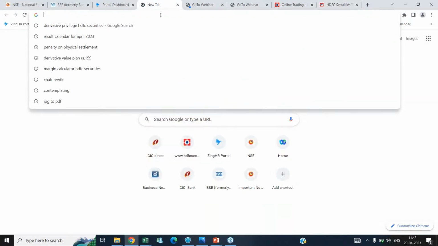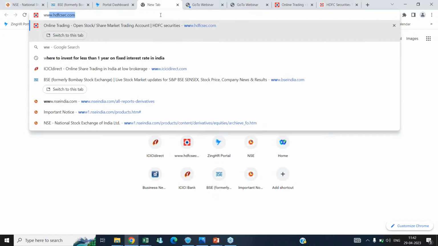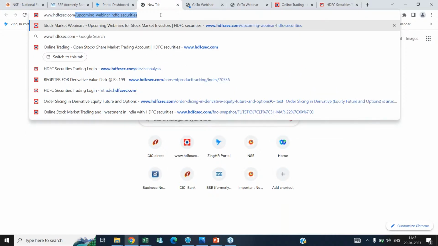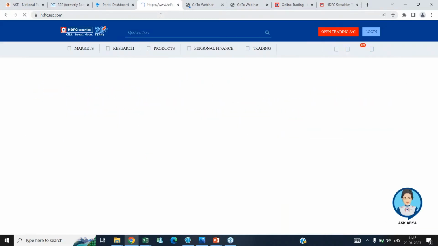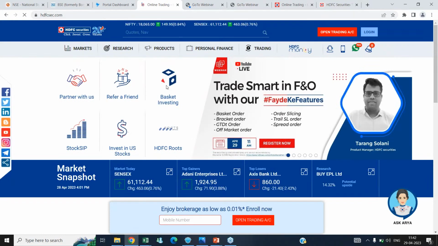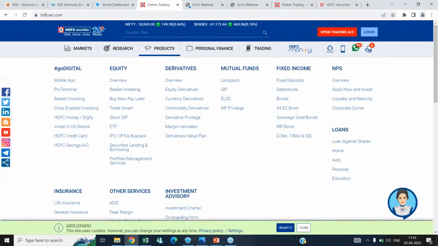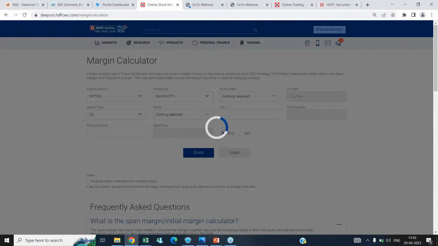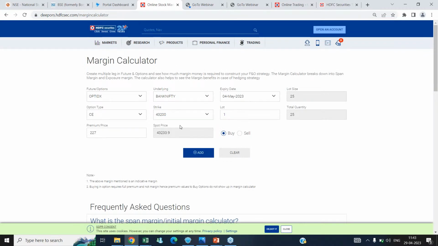So here, first go to hdfcsecurities.com. Under products, under derivatives, there is an option called margin calculator. Once you click on margin calculator, suppose you want to buy one lot of Nifty future.